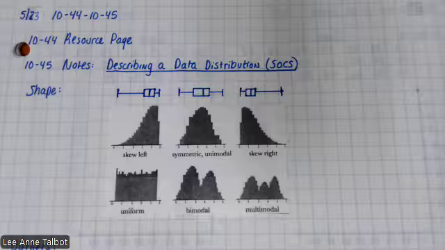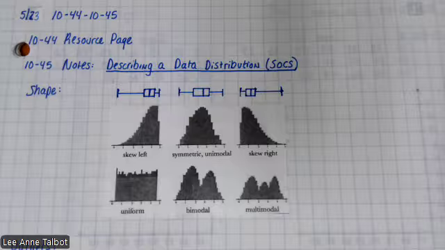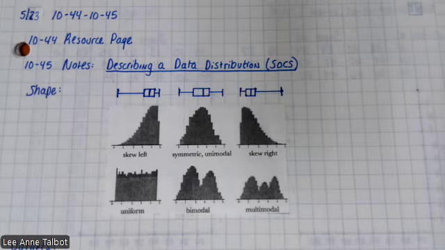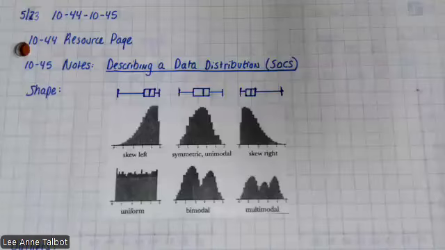These are not all of the shapes, but these are the most common ones. Notice I drew the box plot, and I'm hoping you drew the box plot above those three, because I want you to see how the tail would look on the skewed ones. This was that sort of Smallville feel where the numbers were all kind of similar to each other, and the box plot's kind of evenly spaced.